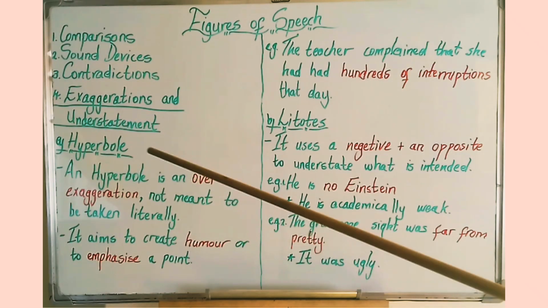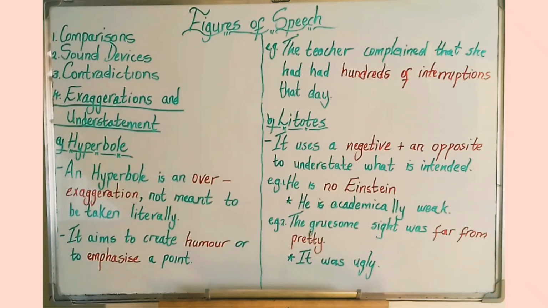So we use a hyperbole when we want to make fun of a situation or to point out a certain thing in a situation. So here's an example. The teacher complained that she had had hundreds of interruptions that day.